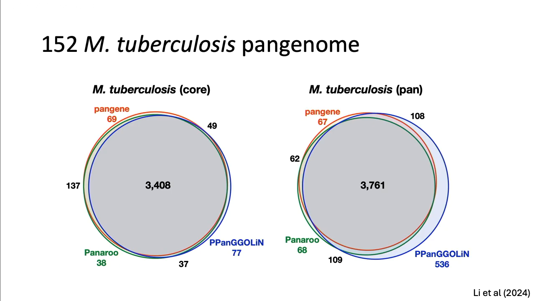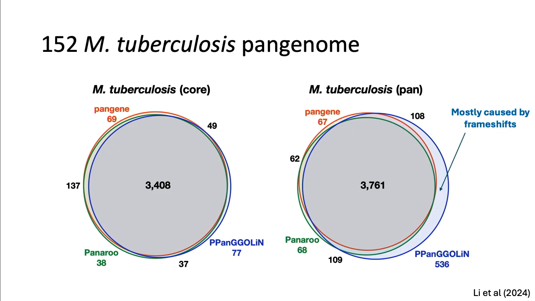Out of the 3,400 genes, there's a large overlap, and this is the core genome. As I said, the other part is the pangenome, the entire genome, and you can see these still agree well with each other. Pangolin is a bit different, mostly caused by frame shifts.